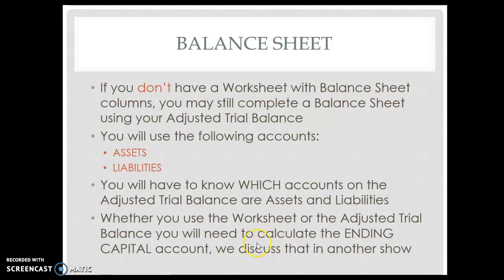But you can't copy them straight from the worksheet or straight from the adjusted trial balance for the capital and the drawing. You're going to use the ending capital as opposed to what's on the worksheet in the adjusted trial balance, which is actually the beginning capital along with any owner investments that were added that particular accounting period.